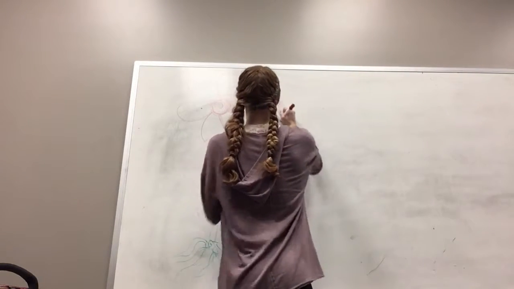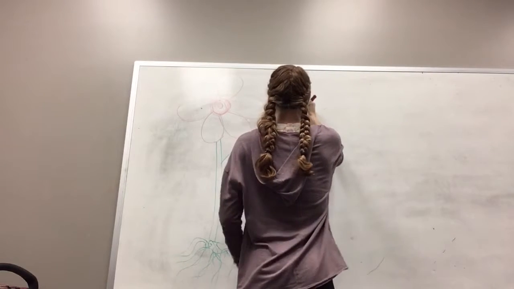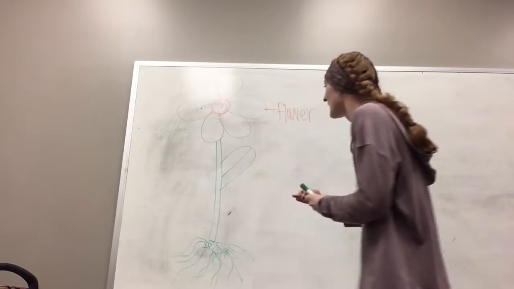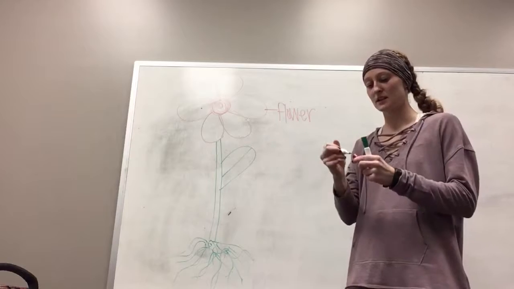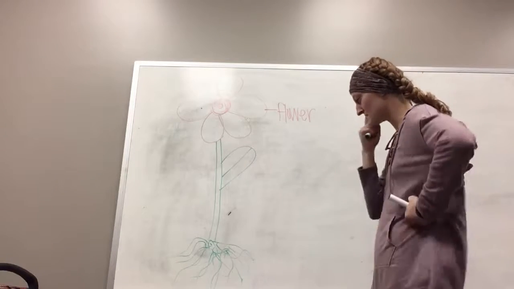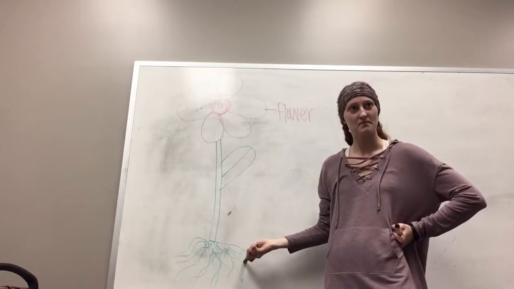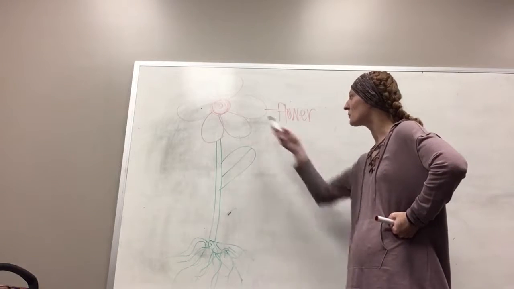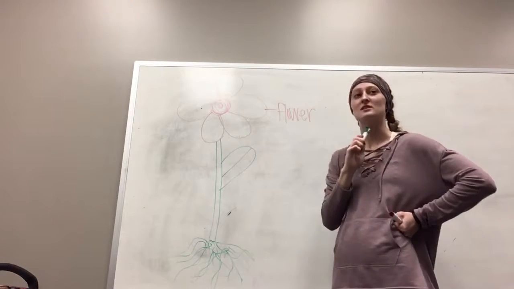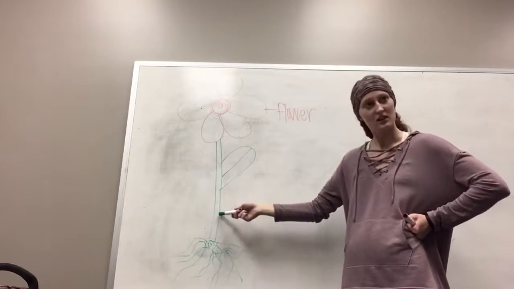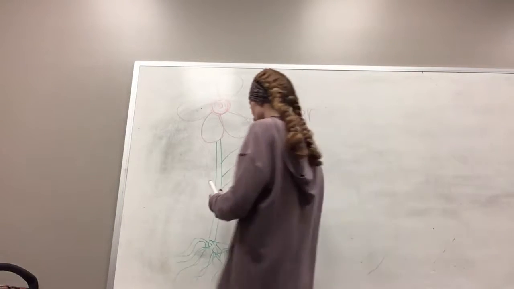So this is the flower. And then flower, stem. So the stem is next. Is this the stem? No. What about this? No. No, we just said that was a flower, okay. Is it this? Yes, okay, perfect. This is the stem.